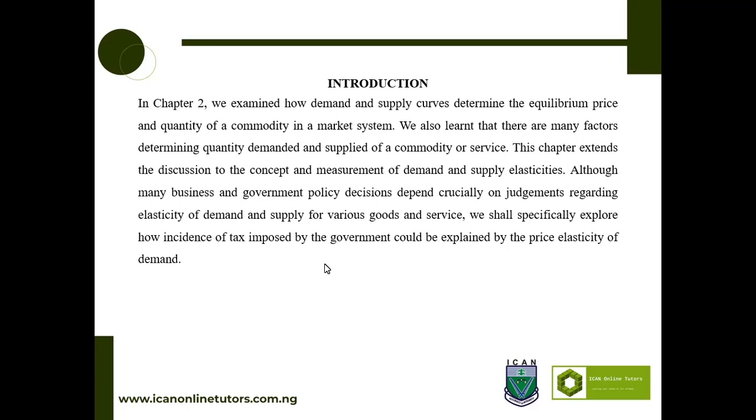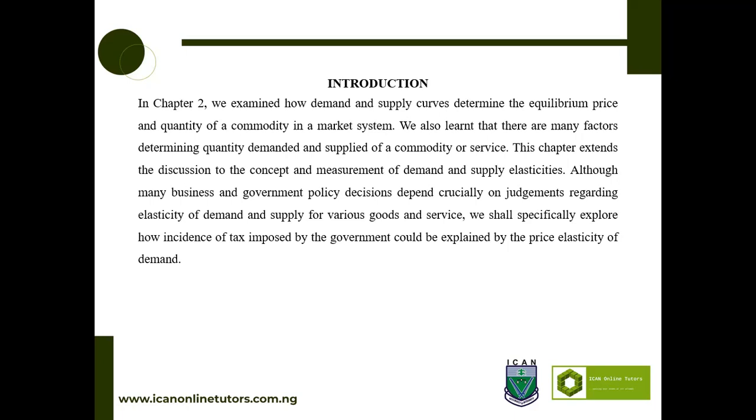Previously, we've discussed how demand and supply curves determine the equilibrium price and quantity of a commodity in a market system. So today we'll be discussing changes in this price and the quantity that will be demanded and supplied, which will lead us to what is known as elasticity of demand and elasticity of supply.